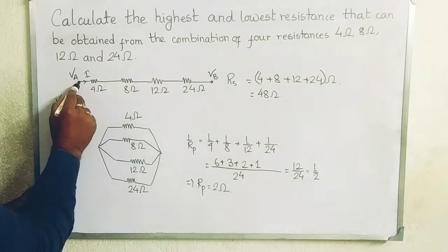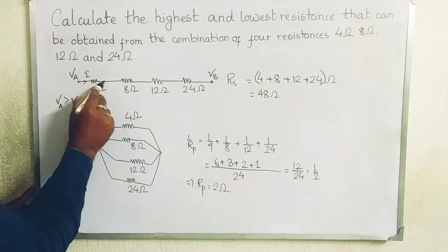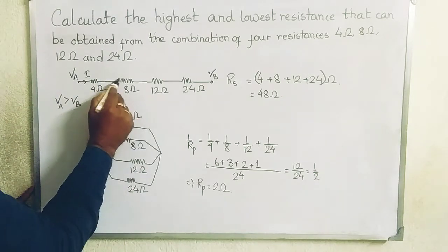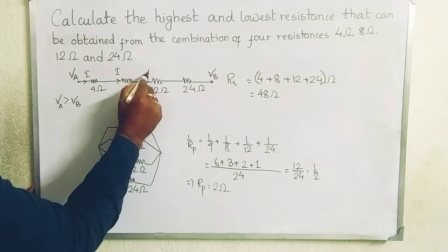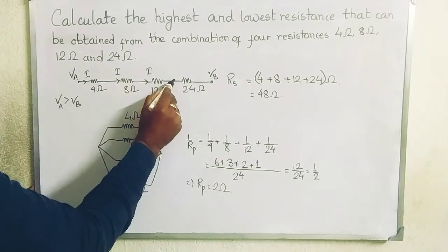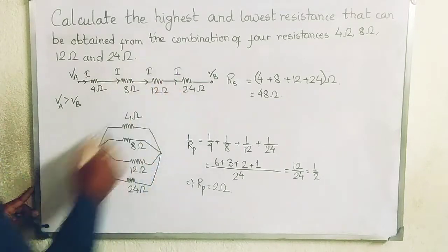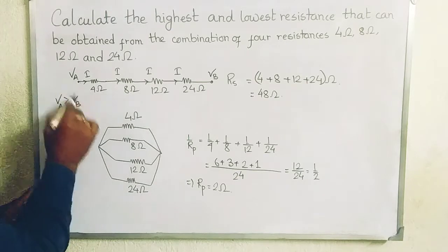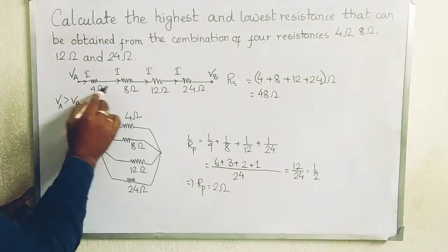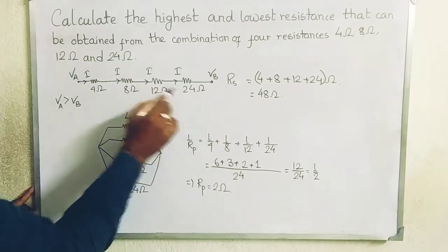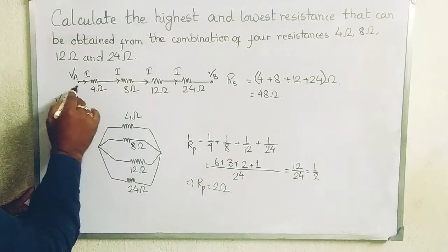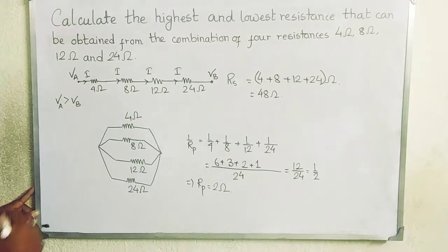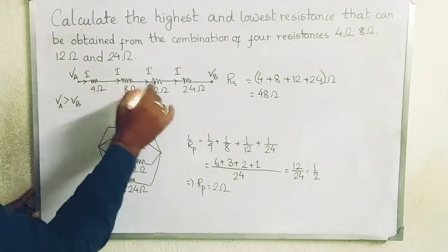The I current will flow from VA through the 4 ohm, then through 8 ohm, then through the 12 ohm, then through the 24 ohm. So the I current has to pass through the 4 ohm, 8 ohm, 12 ohm and 24 ohm. Whatever be the resistance in this path, the I current has to pass through it. So it suffers all the resistances.